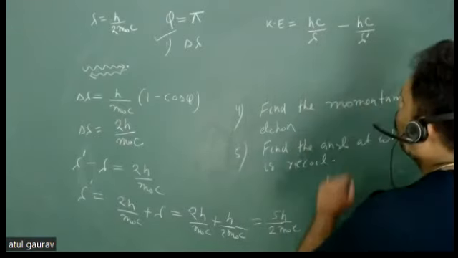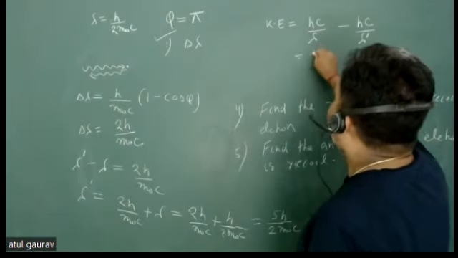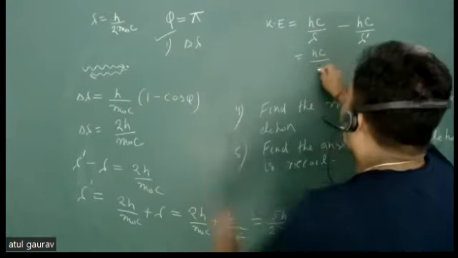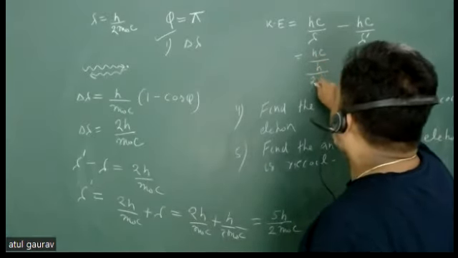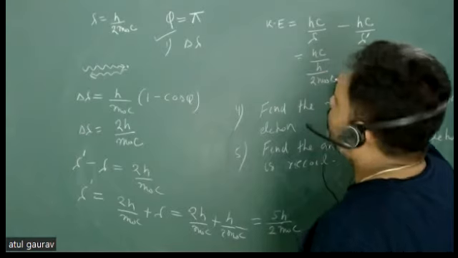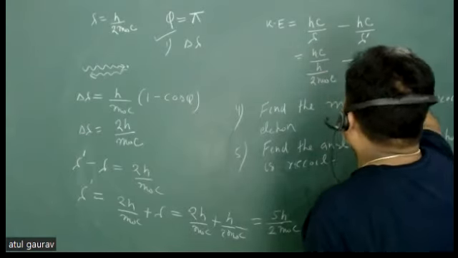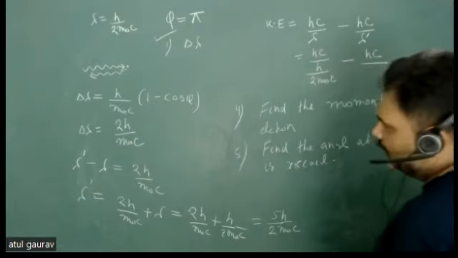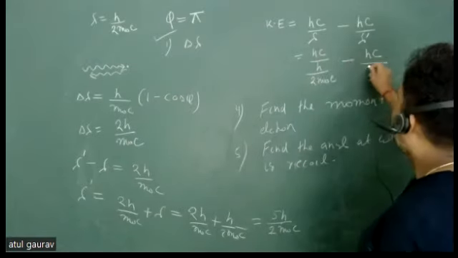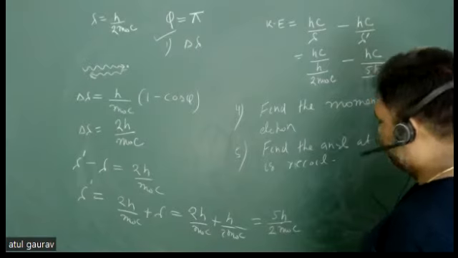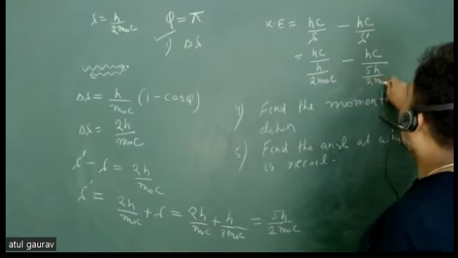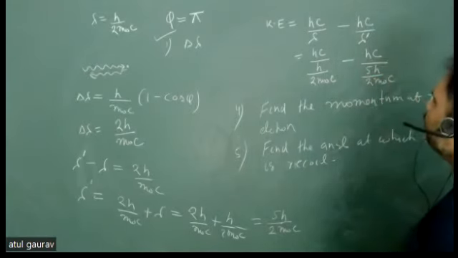So you can just put, what is lambda? hc upon lambda. Lambda is h upon 2 m naught c. Minus hc upon lambda dash. Lambda dash is 5h upon 2 m naught c.